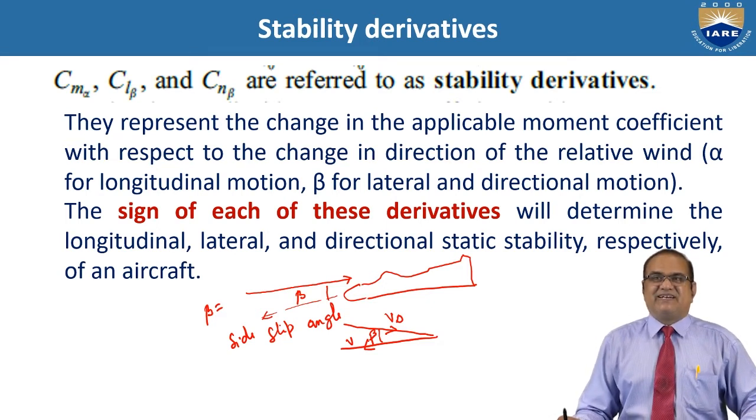They represent the change in the applicable moment coefficient with respect to the change in direction of the relative wind: alpha for longitudinal motion, beta for lateral and directional motion. The sign of each of these derivatives will determine the longitudinal, lateral and directional static stability respectively.